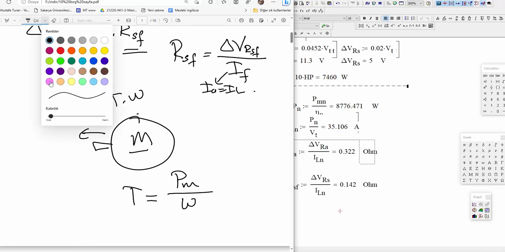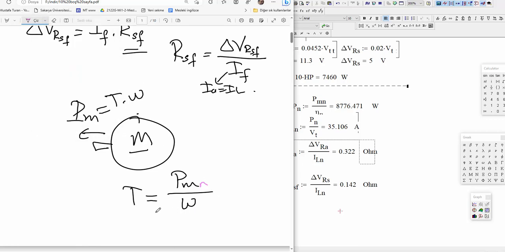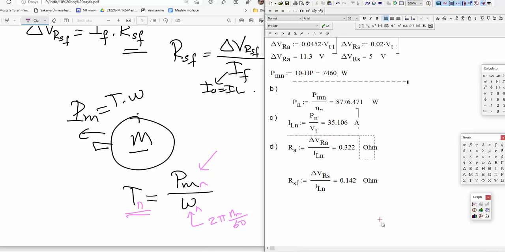For the rated conditions, here is the rated power, here is the rated torque, here is the rated speed. Rated angular speed can be calculated as 2 pi n over 60. That is the rated speed. So let's substitute the parameters here and then calculate the rated output torque.